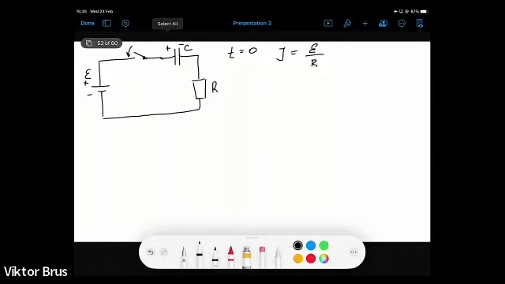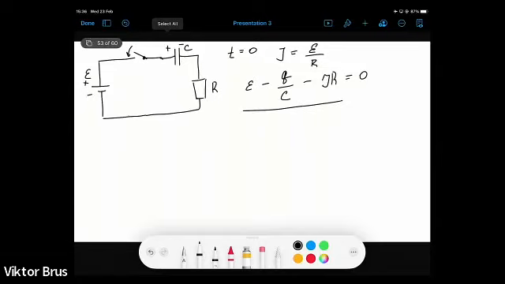So according to the loop rule, the second Kirchhoff's law, we can write for this electric circuit that we have epsilon, the electromotive force, minus Q divided by C, which is the potential difference at the plates of the capacitor, and minus I times R. So that should be equal to 0.